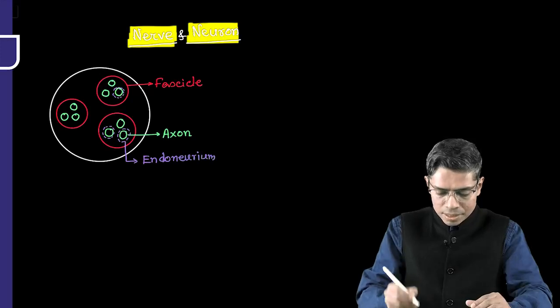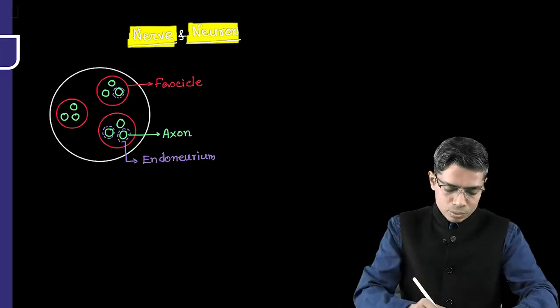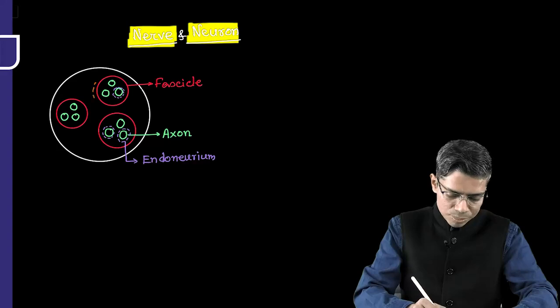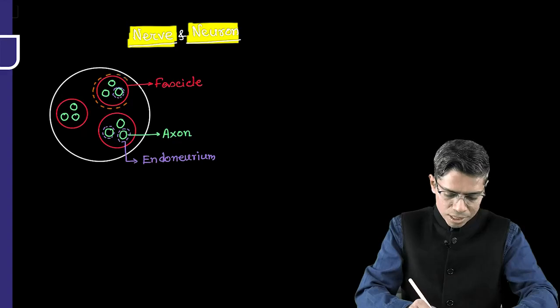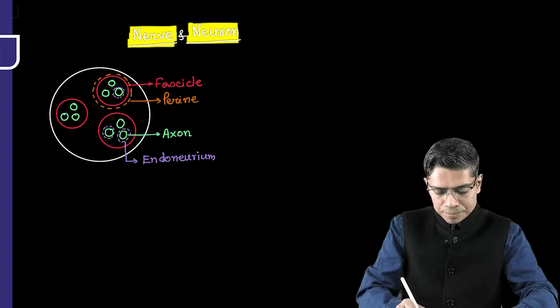Similarly, the whole fascicle will also be surrounded by a connective tissue covering. So this is the connective tissue surrounding the fascicles. This is known as perineurium.